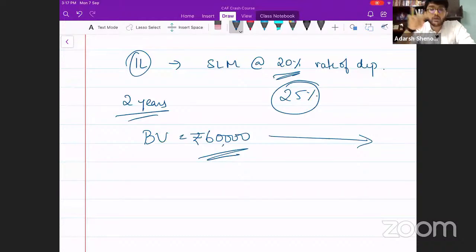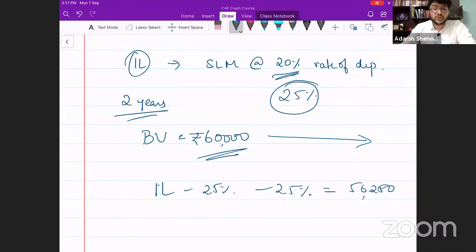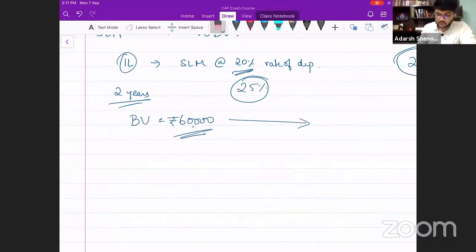That is 1 lakh minus 25% for the first year, minus 25% for the second year. 56,250 rupees. Is that correct? So before charging depreciation, we have to restate the book value from 60,000 to 56,250, and then start charging depreciation as per the new method. This is retrospective. This is not what we're concentrating on now. But now what we're going to do is prospective.